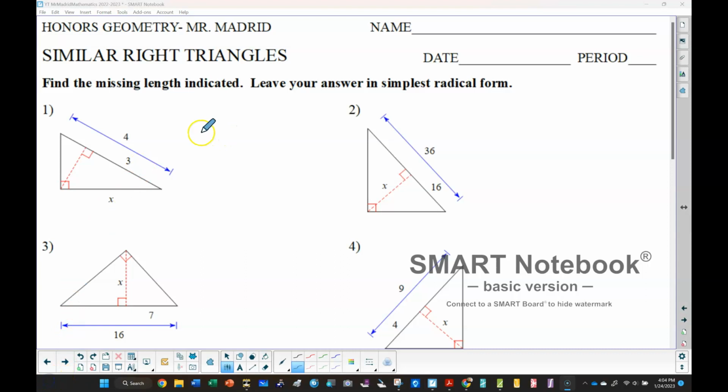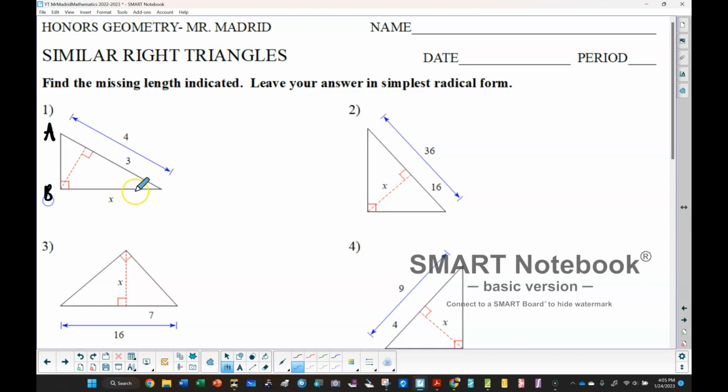Okay. All right. So we're looking at 1. If it helps, we can maybe label these bad boys like this: A, B, C, and D. Just so it'll help us talk, and it'll help you guys talk through it here.